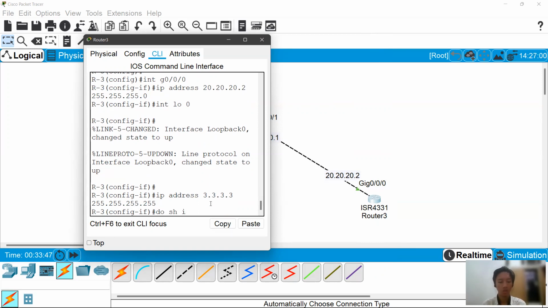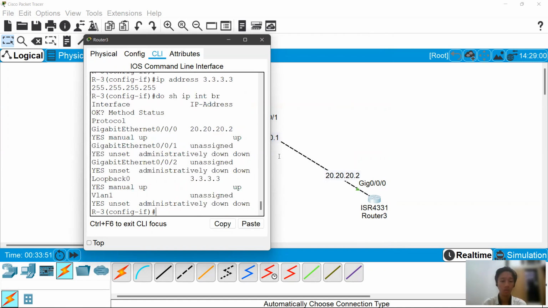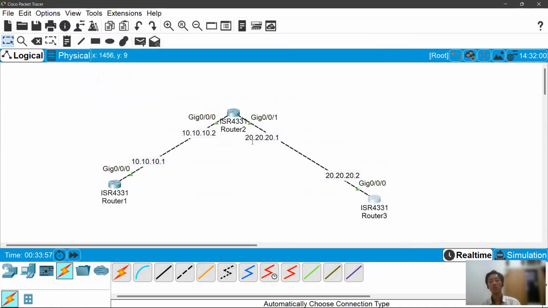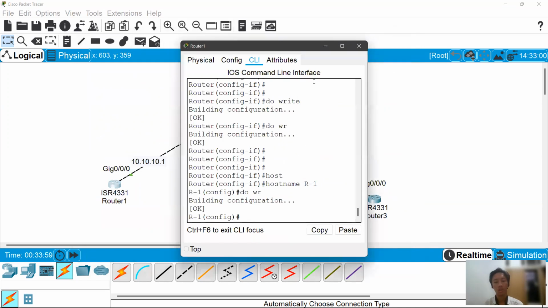Enter do show ip interface brief. Okay, done, and now we configure the static routing.